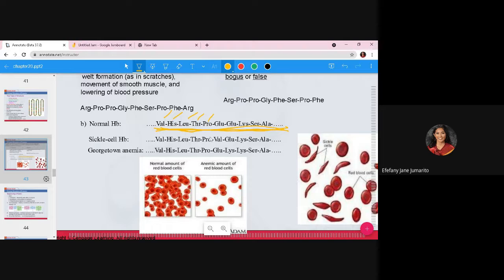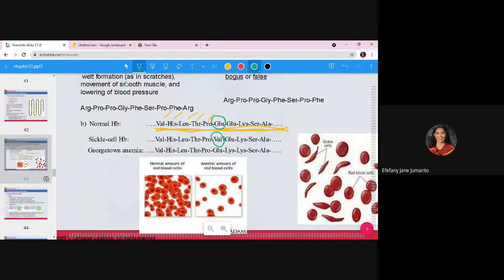Now, what about your sickle cell? What's the difference? The only difference is, okay, glutamic acid. All right, so that's the difference.